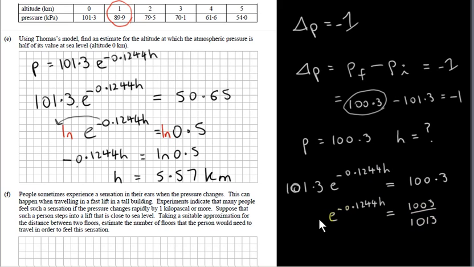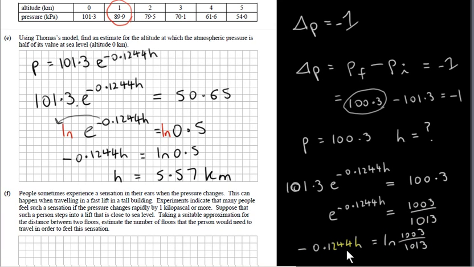Now the next step, of course, is to take ln of both sides. So same method as we did for the previous question. We're trying to find h. If we take ln of the left-hand side, we bring down the power, so we get minus 0.1244h, and we have to take ln of this quantity here. And then we just divide across by minus 0.1244 to get h.